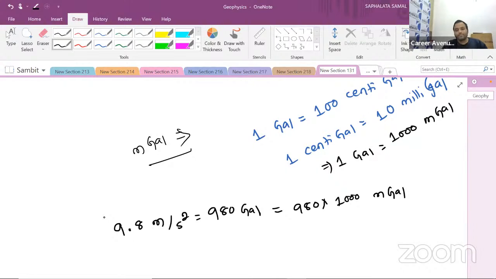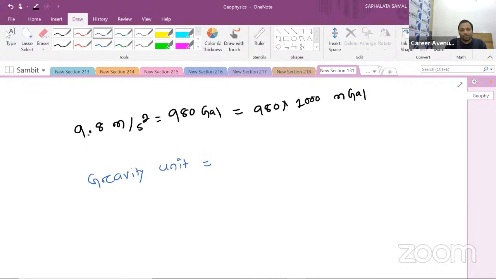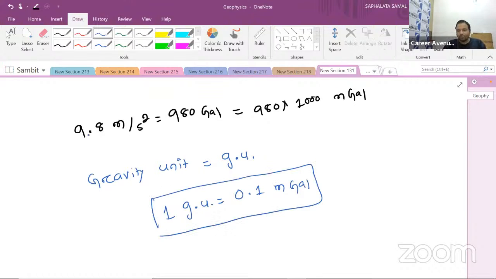There is another unit of gravity that is called the gravity unit, in short form a GU. 1 GU is equal to 0.1 milligal.